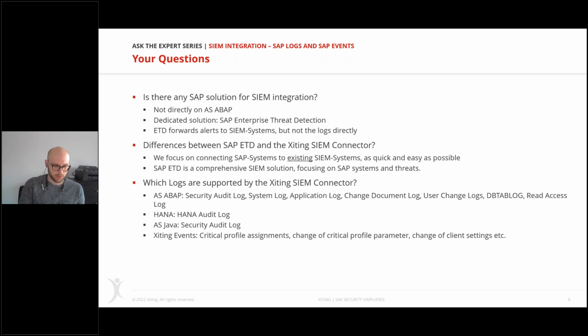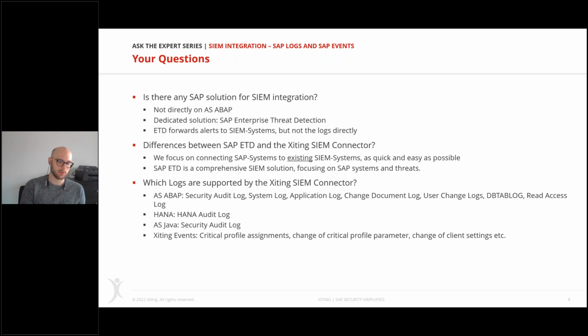So what is important to say is that we are not a competitor of SAP Enterprise Threat Detection. Those solutions are more complementary, and they have a different focus, and they serve different use cases. That's very important to say.